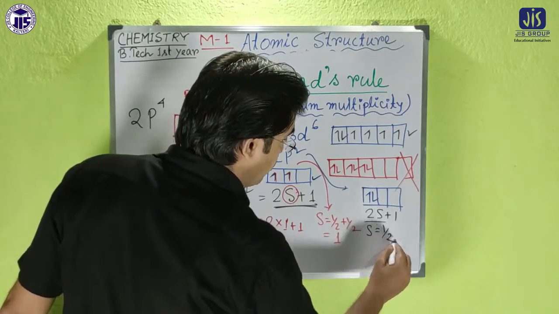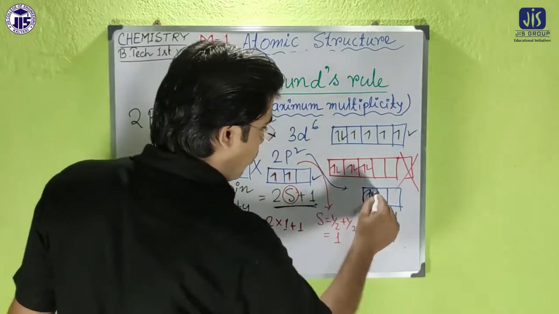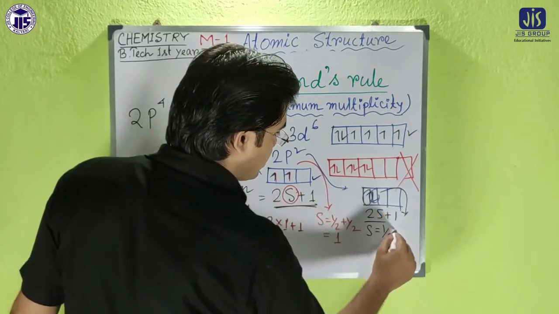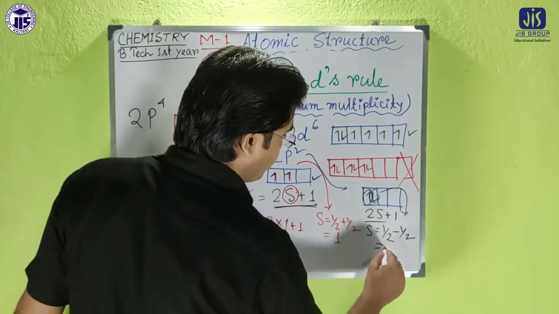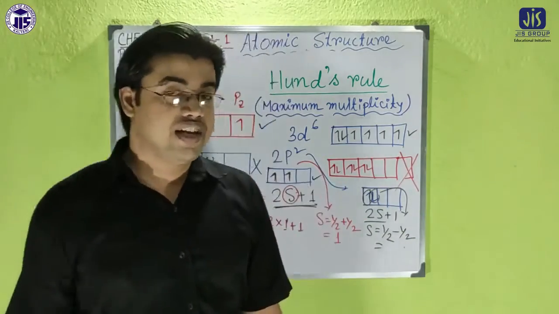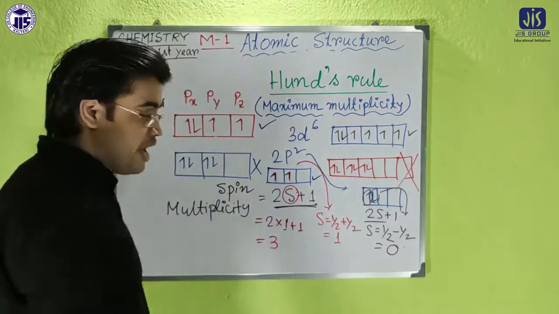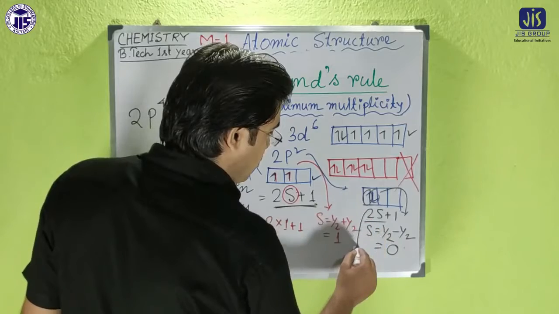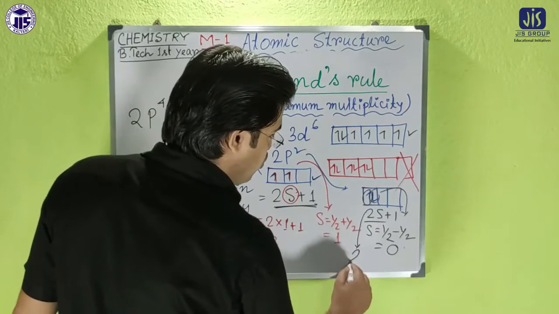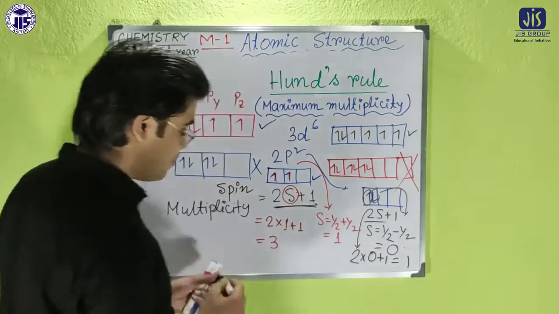For one electron it is plus half, and for the other obviously it is minus half, so S will be 0. So 2 into 0 plus 1 means 1.